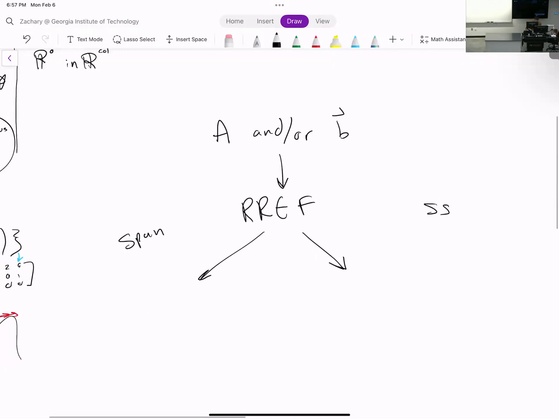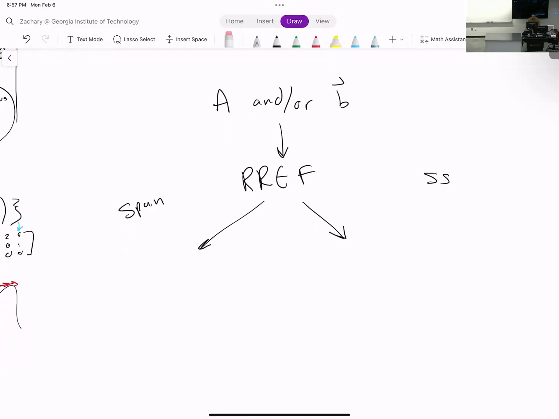Zoom out just a little bit. Once we're in reduced row echelon form, for span, it's implied that you check consistency. So for span, what you're checking first is pivots, particularly the number of pivots, okay? And these are your linearly independent vectors that form your span.